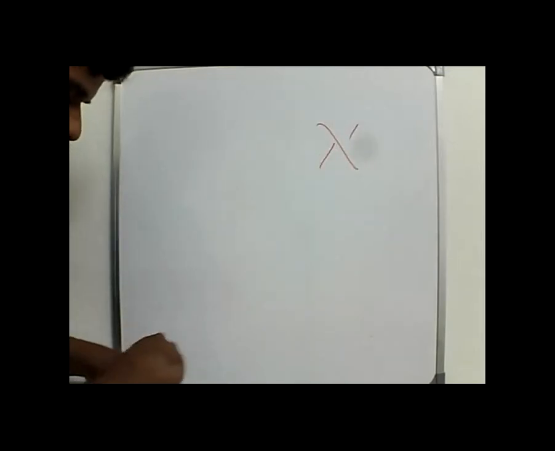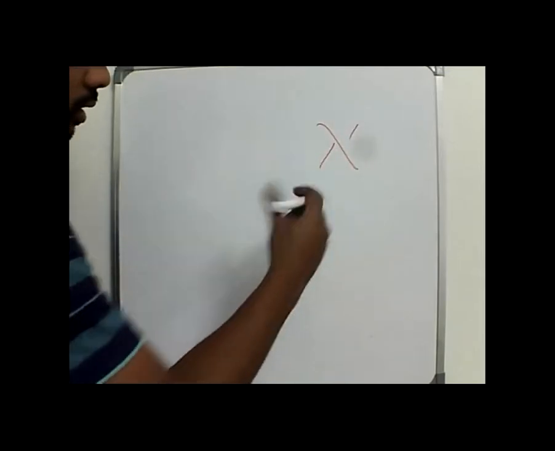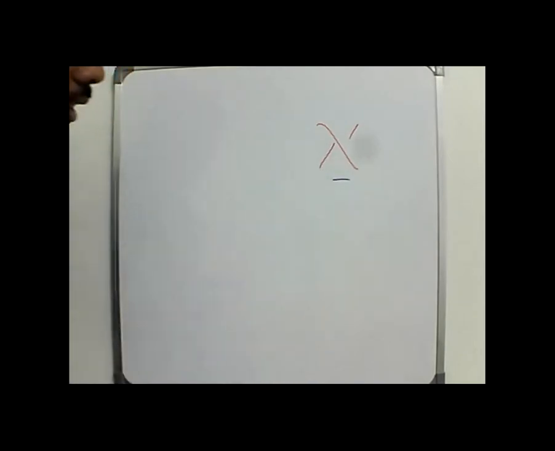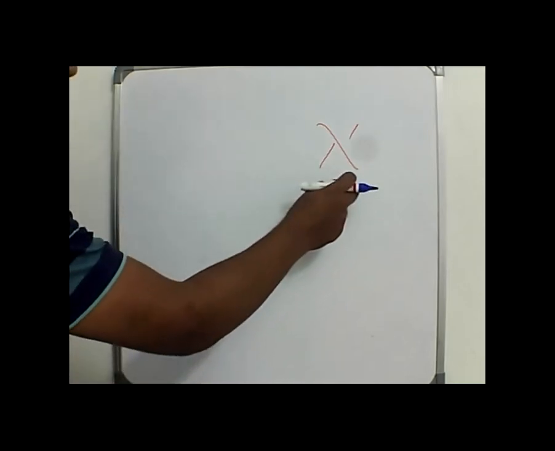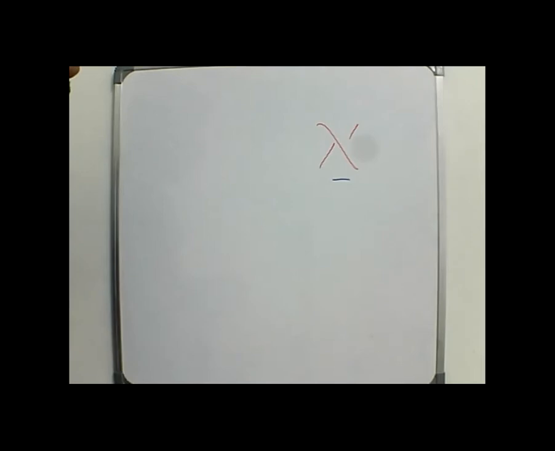The first vowel we saw is Patach. The sound is A. So when you see this symbol, you have to pronounce A.